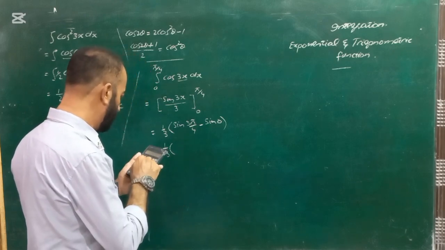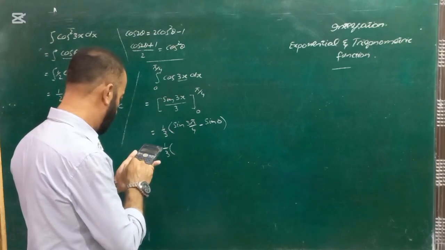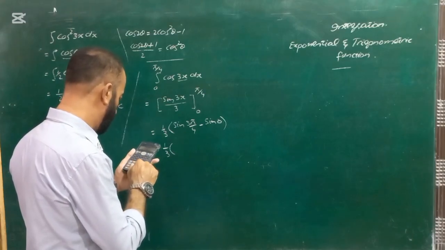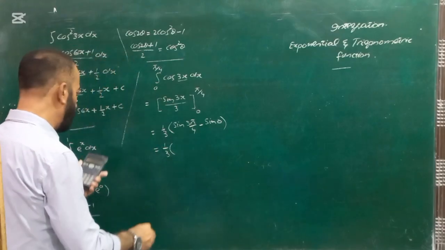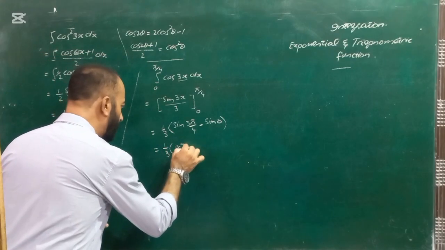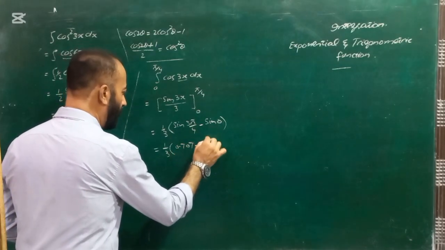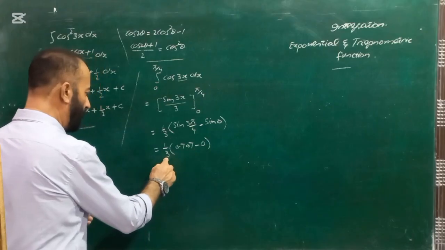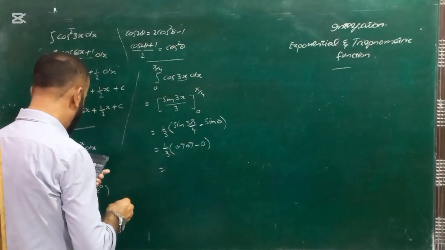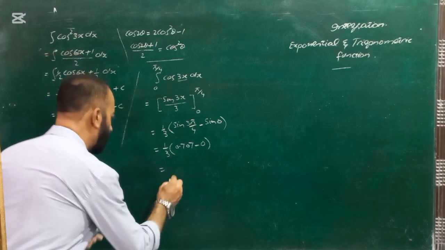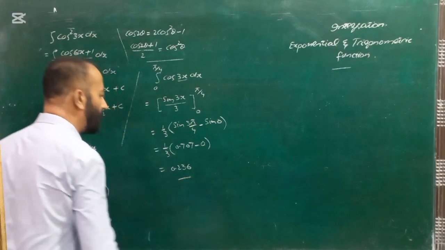So sine 3 pi by 4, answer is 0.707. And sine 0 is 0. And in the next step, this factor will be divided by 3, which is 0.236. So this is the answer.